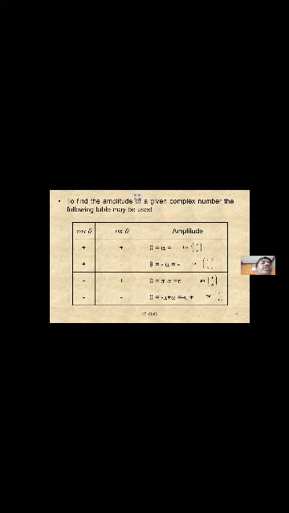So if you observe the last column, the first one is theta equals alpha, the second is theta equals minus alpha, the third is theta equals pi minus alpha, and the fourth is minus pi plus alpha.